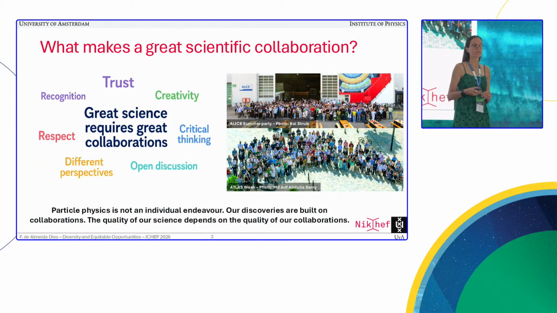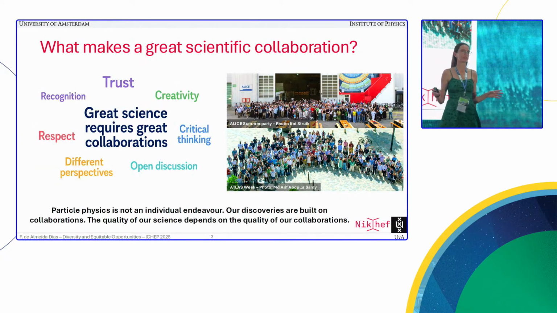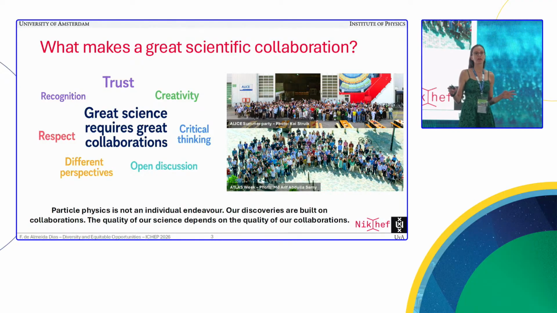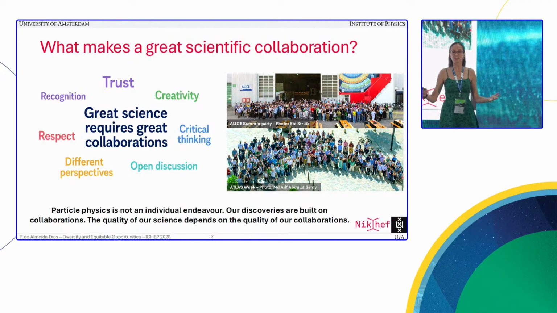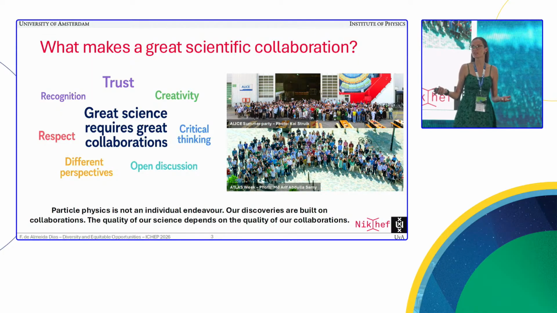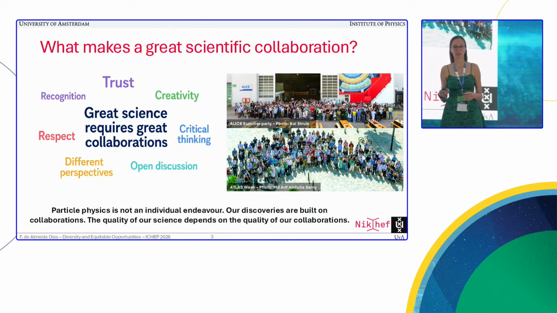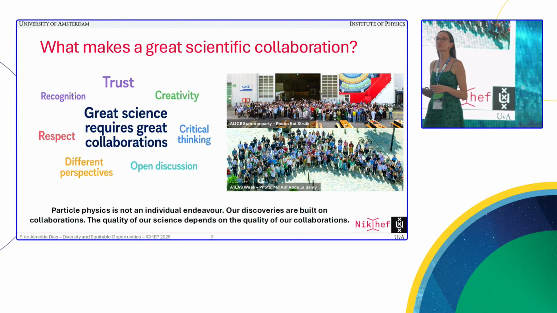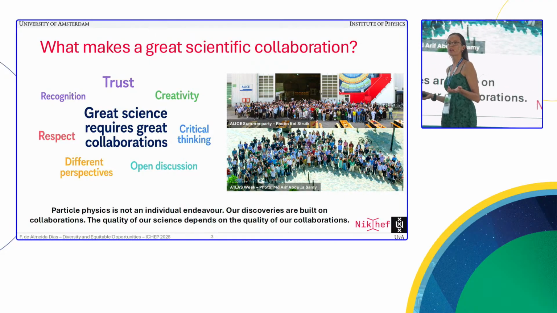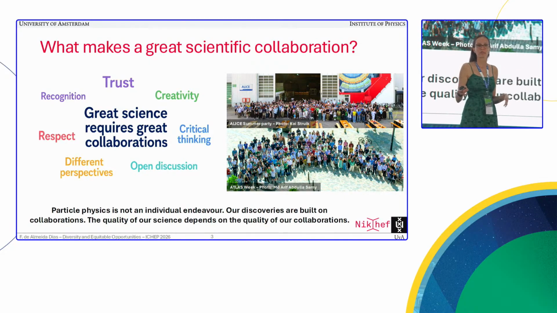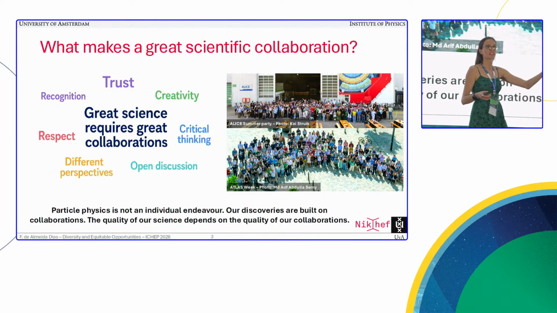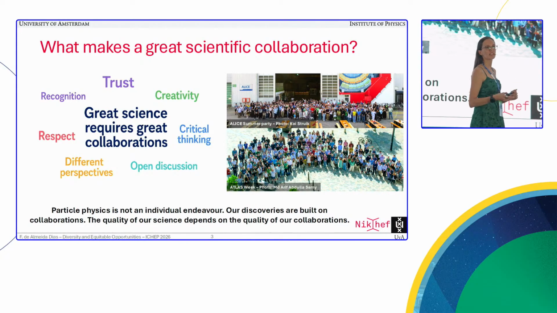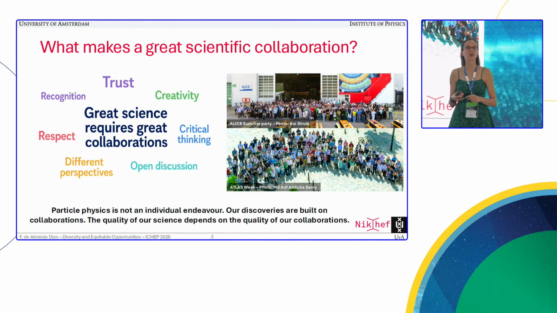First of all, particle physics is no longer an individual endeavor. Even for theories nowadays, our collaborations are getting larger and larger, and of course in the experimental communities, those are very large collaborations. When you think about what you want from a collaborator, you can think about some of the things which are obvious, right? You want them to be smart and have good technical ideas. You want them to be technically competent.